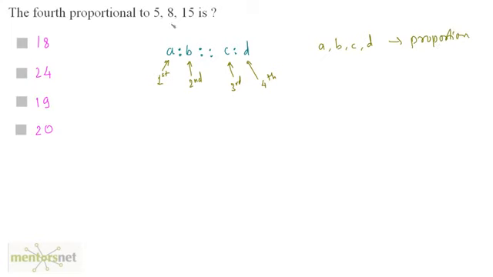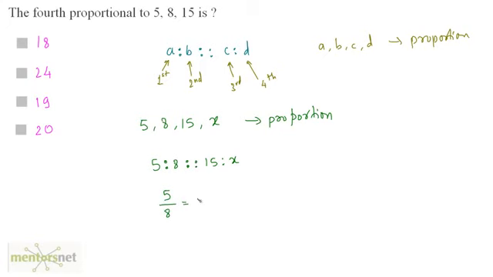We have been given three numbers, 5, 8, 15. Let the fourth number be x, and these are in proportion. Now when these numbers are in proportion, I can say that the ratio 5:8 is proportionate to the ratio 15:x. So therefore 5/8 is equal to 15/x.